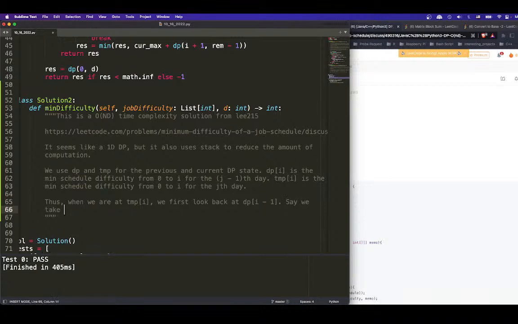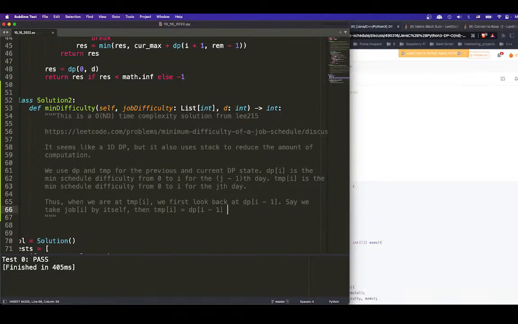We take job i by itself, then temp[i] shall equal dp[i minus 1], right? dp[i minus 1] is the previous minimum, and then I want to do one more day at job i, at the jth day.